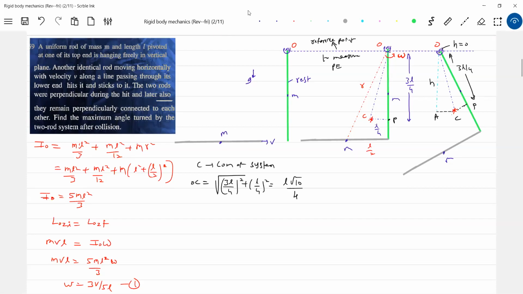So the initial rotational kinetic energy plus gravitational potential energy should be equal to the final gravitational potential energy, half of I naught omega square.